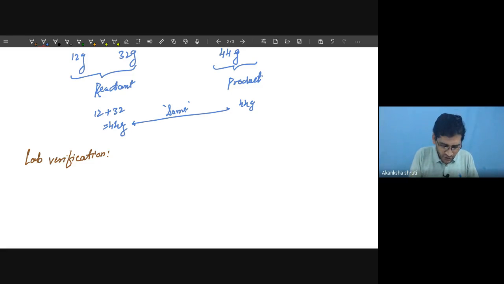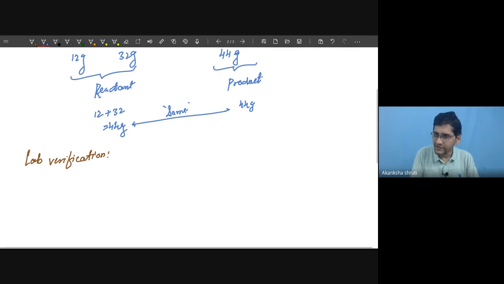So you take two compounds. Let us take one as copper sulfate, like the carbon dioxide and oxygen we have taken. The compound that we are taking is copper sulfate, and the other one is sodium carbonate.